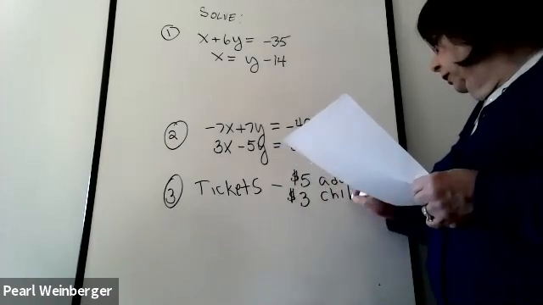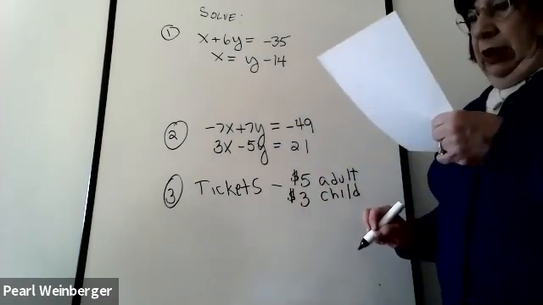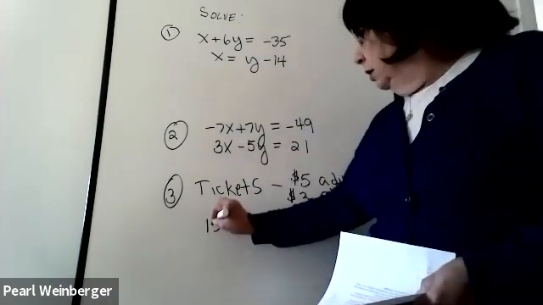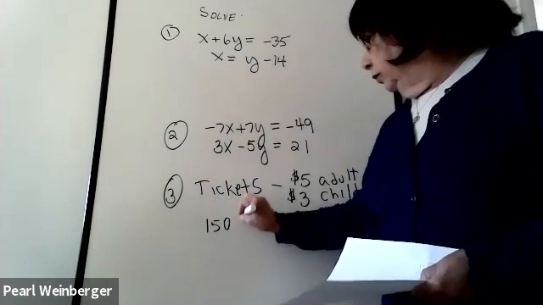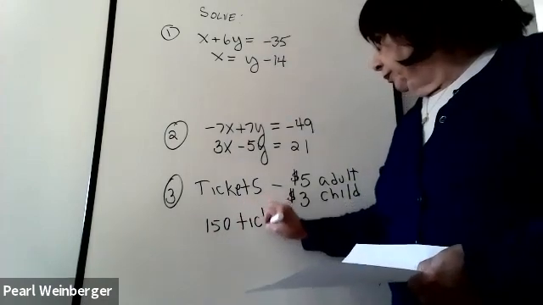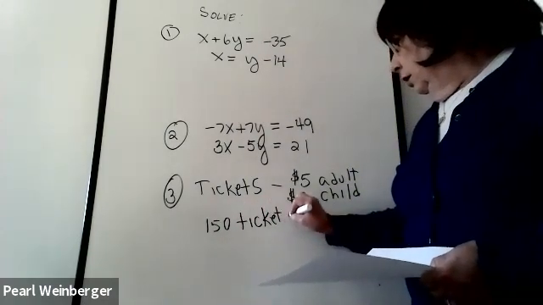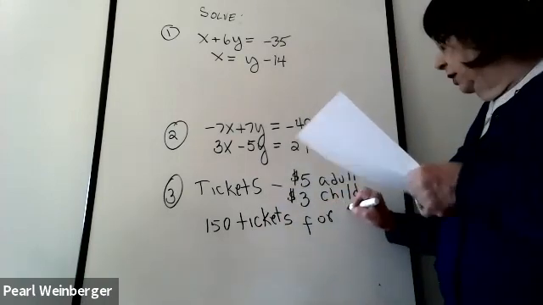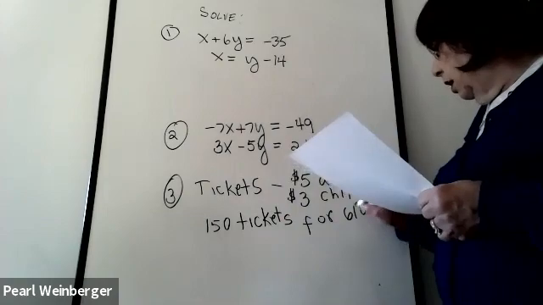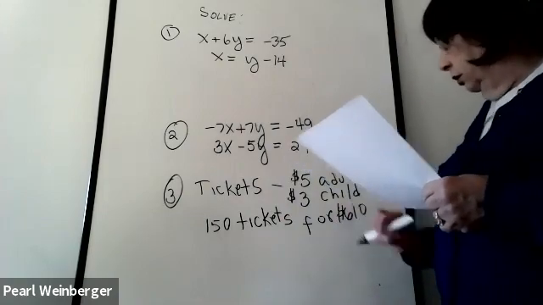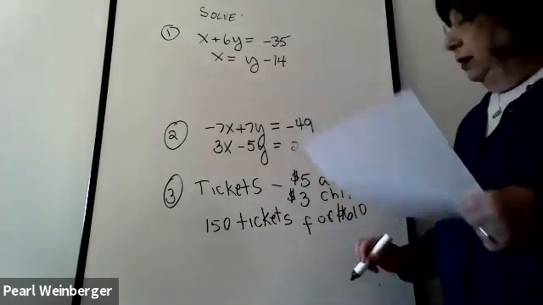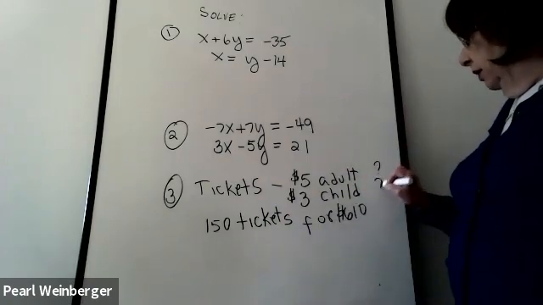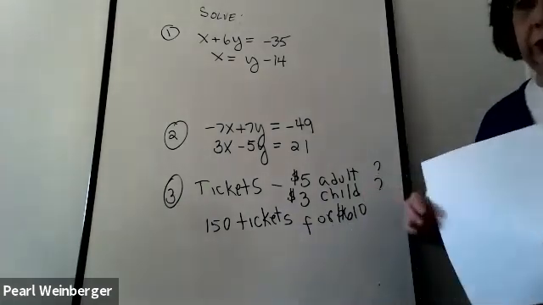We have two types of tickets, and we sold 150 tickets for a total of $610. And we want to know how many adult tickets and how many children's tickets were sold.